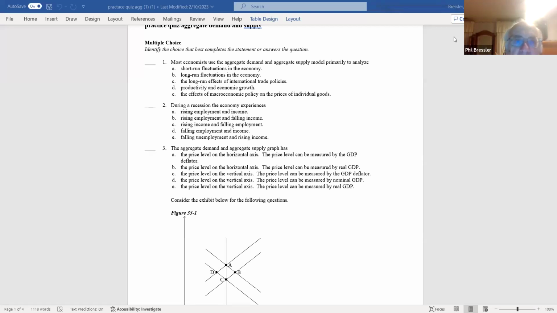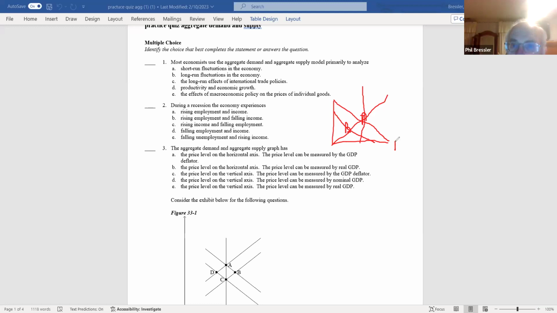Number two, during a recession, the economy has falling employment and income. All right, that's usually an AD to the left. And remember, I'll try to just draw a quick graph here. I'm not going to label things, but if AD goes left, and I start out at A, and now I'm at B, output definitely decreases.